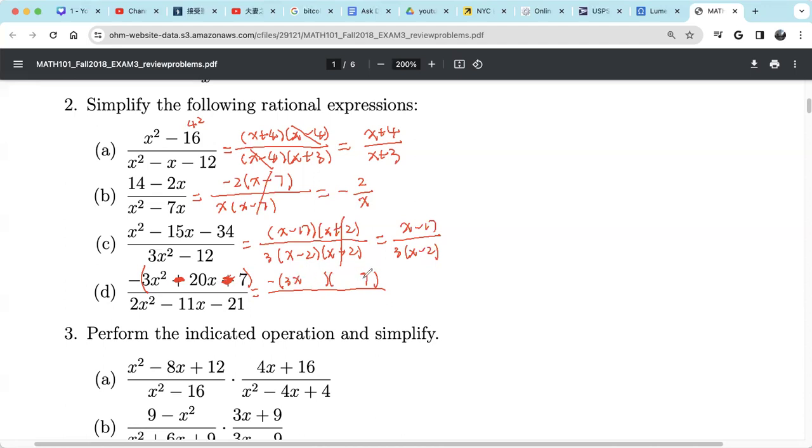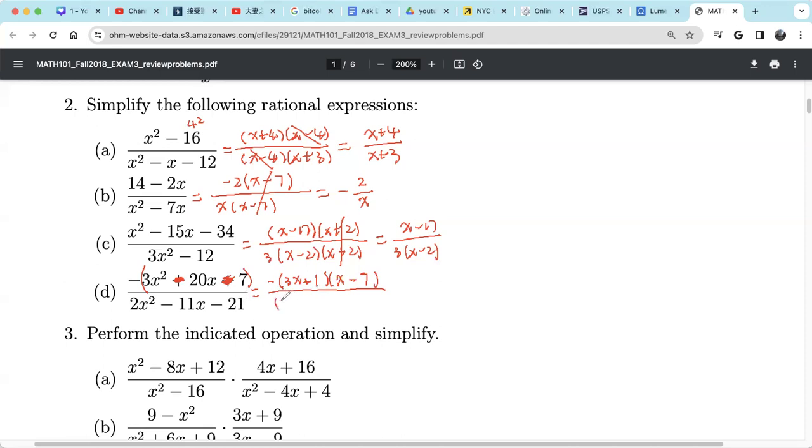So 3 times 7 will give me 21x, and I have a middle term of -20, so I know this is a -7. This is 3x, so this has to be x. Then -7 plus 1, because +1 times -7 gives me -7. Now +1 times x, +1x, and -21x adds up to -20x.